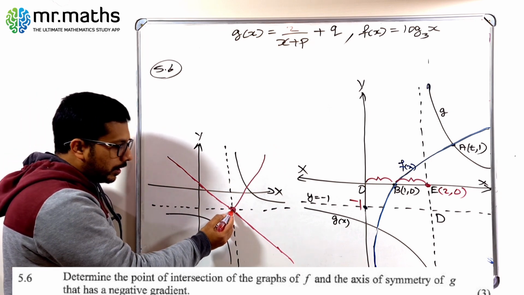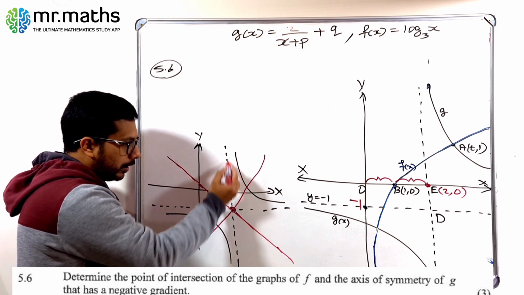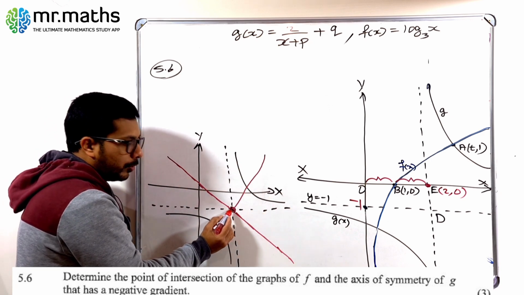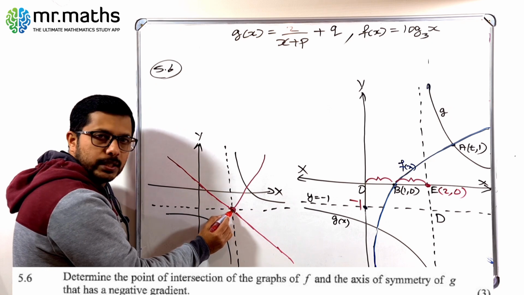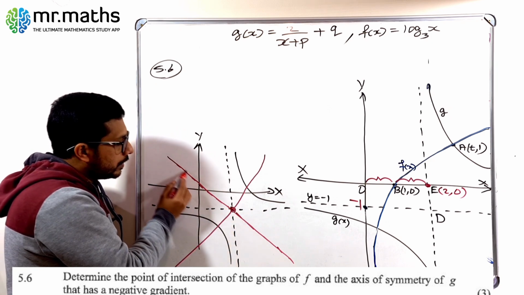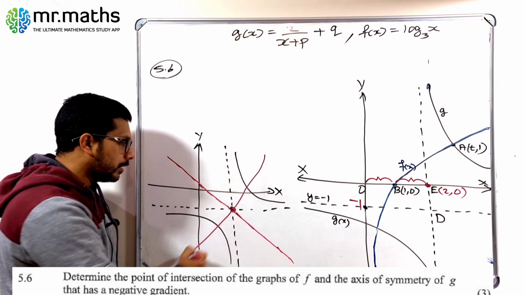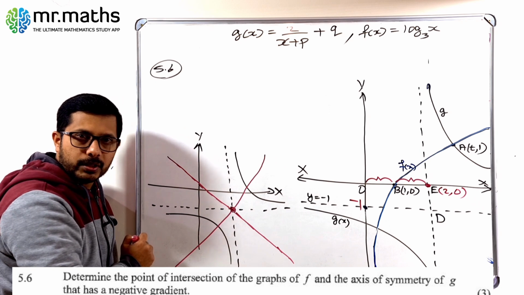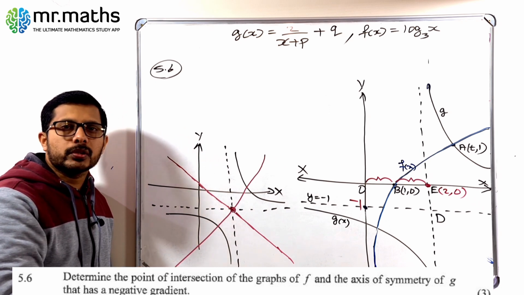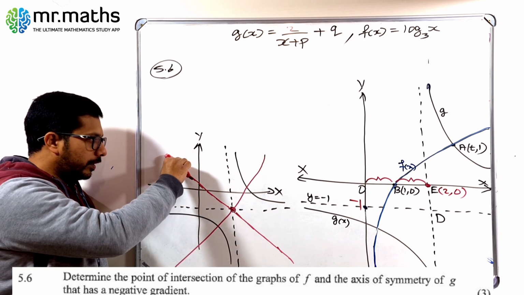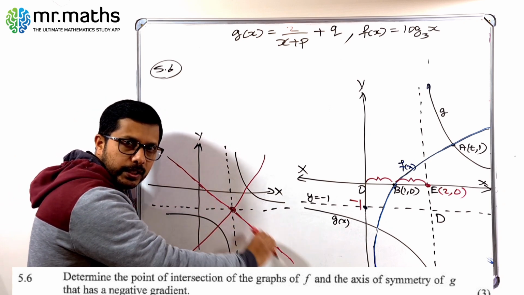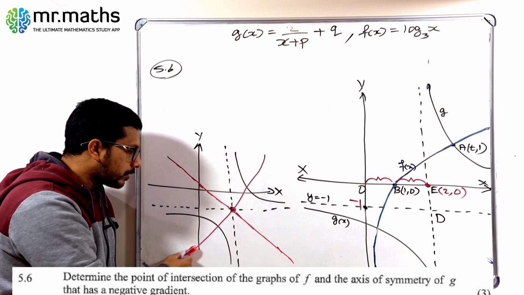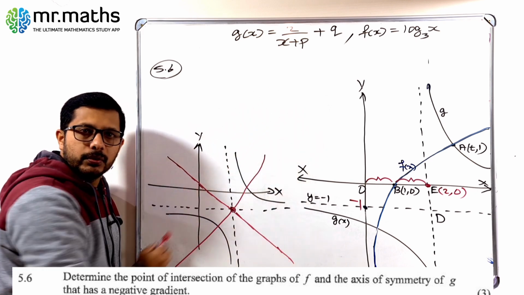The axis of symmetry passes through the intersecting point of the asymptotes. This is one asymptote, this is another asymptote, this is the intersecting point, and this is one axis of symmetry and this is another. Which one is the axis of symmetry having negative gradient? This one, because this is decreasing. This is the axis of symmetry having positive gradient.